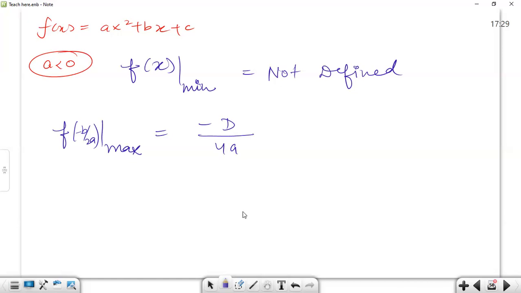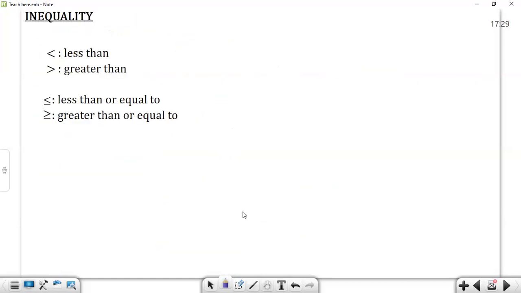Let's now look at the next topic, inequality. Inequality is like just comparing two things and stating that one is greater and one is lesser. So this is about comparison. Let's understand this sign.